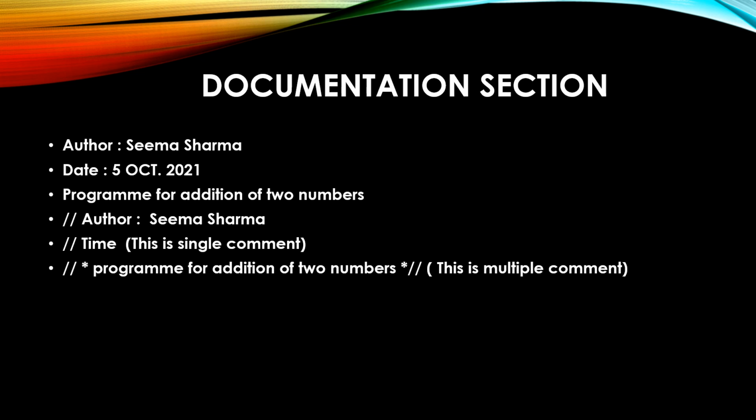This is a multiple line comment. If you want the compiler to ignore multiple lines, then you use this multiple line comment. So I have explained the single line comment and also the multiple line comment.